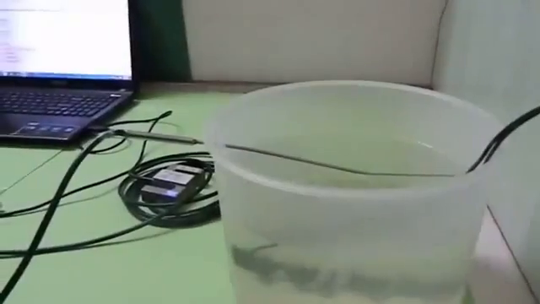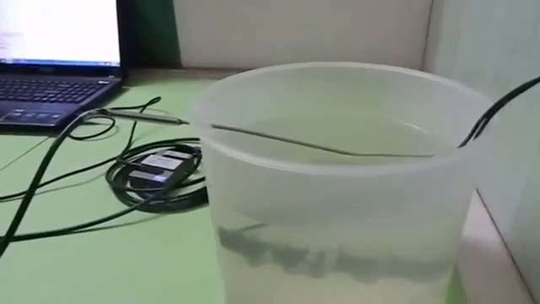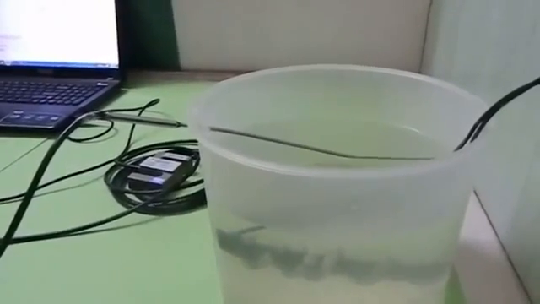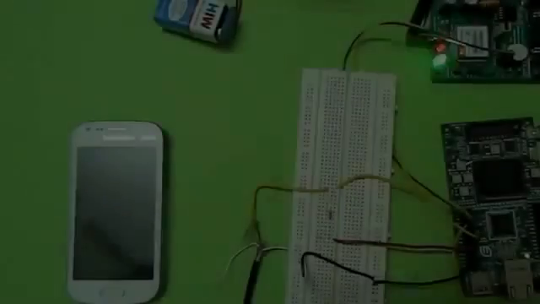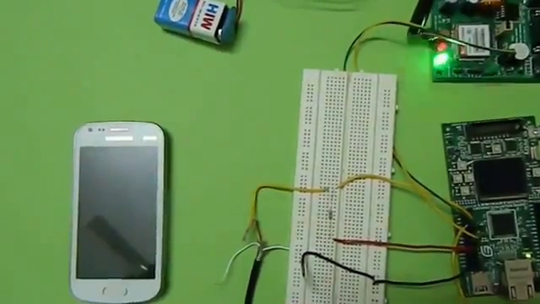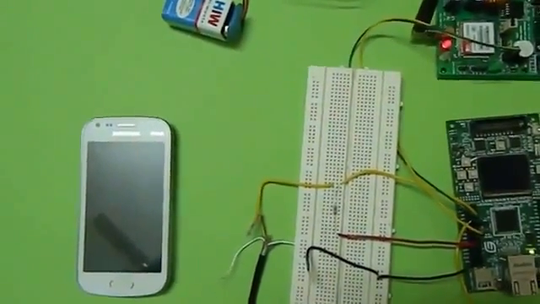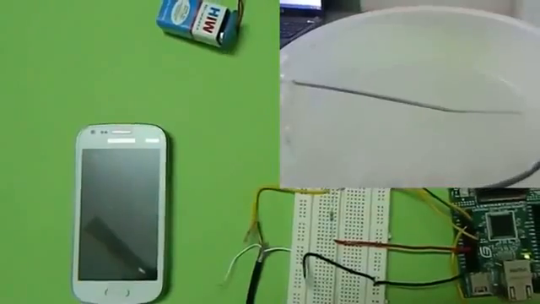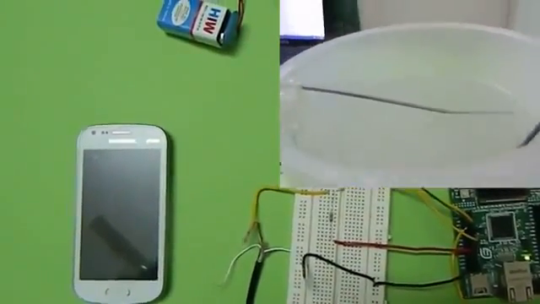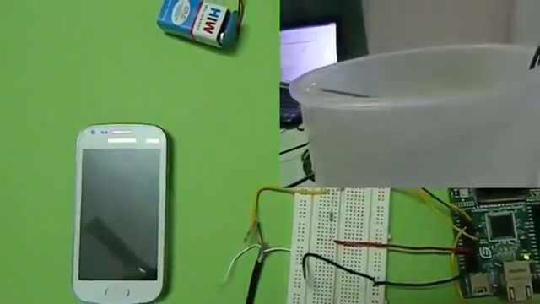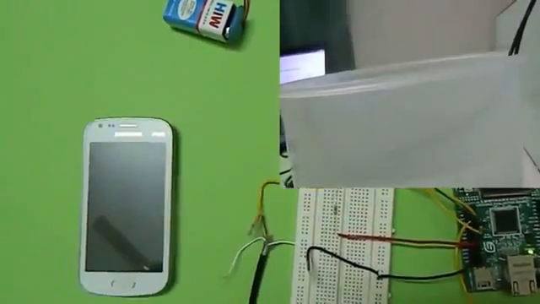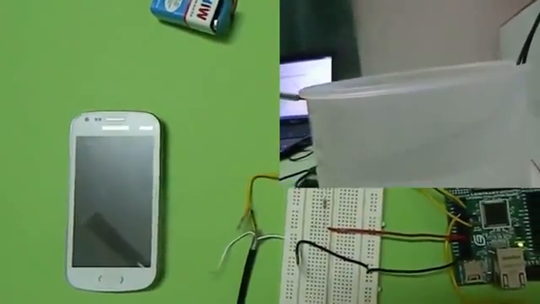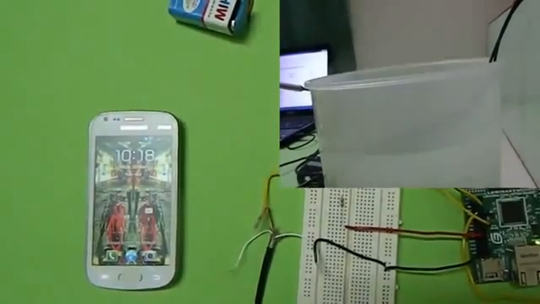The heater is initially on, and the water temperature is continuously measured by the temperature sensor. When the temperature level goes beyond the maximum threshold value, the GSM module sends the SMS to the concerned person.